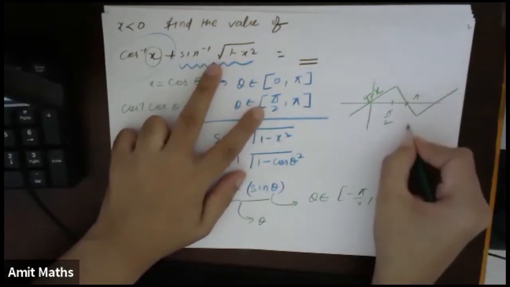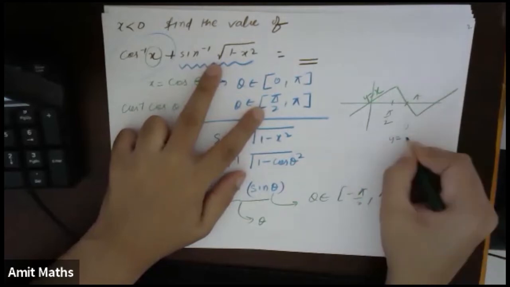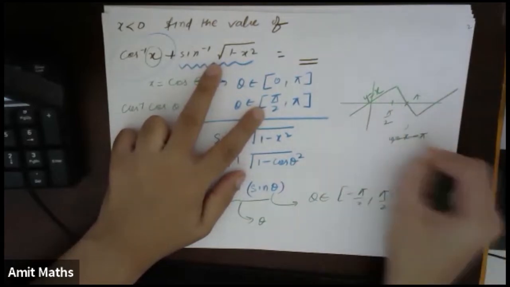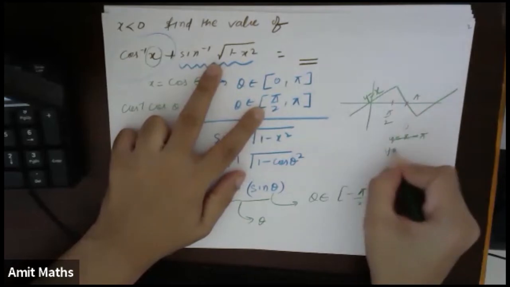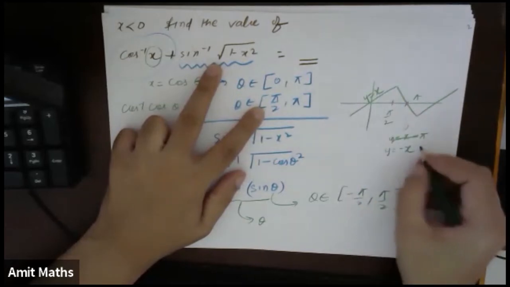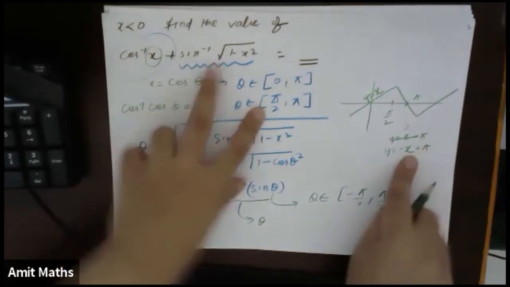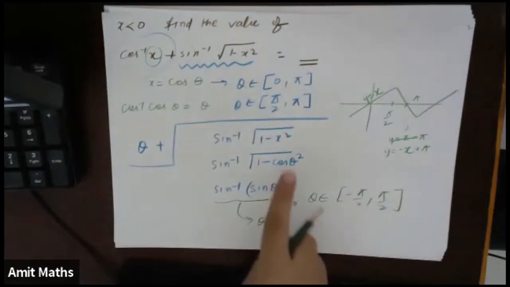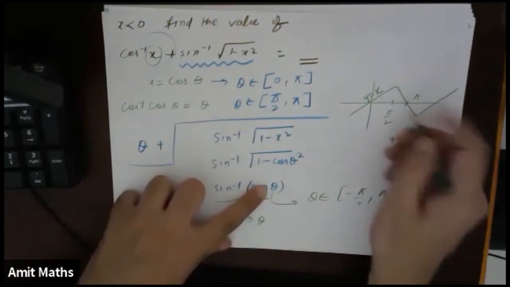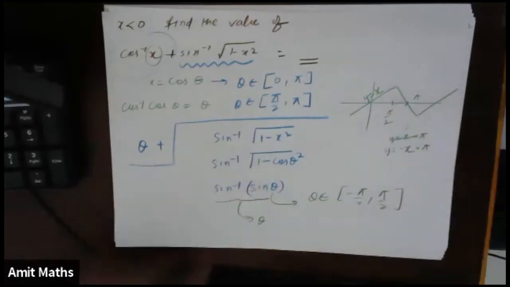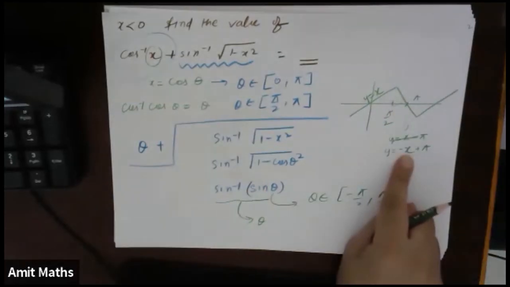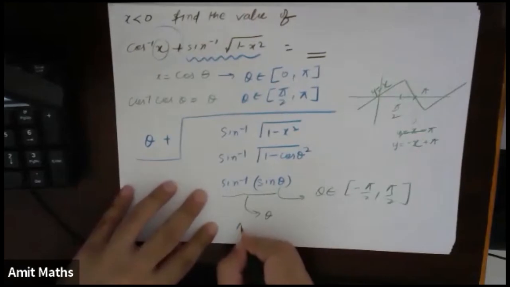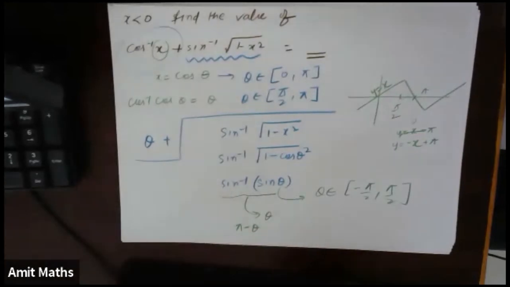So this line is y is equals to minus x plus pi, right? And the value of theta is lying in this part. So simply I will substitute x is equals to theta. So what will I get here? I will get here pi minus theta.